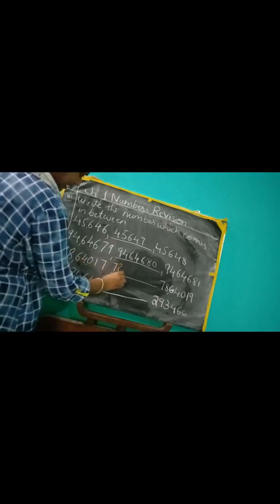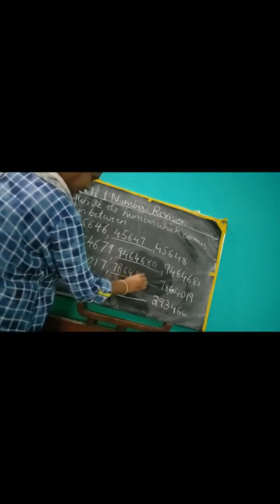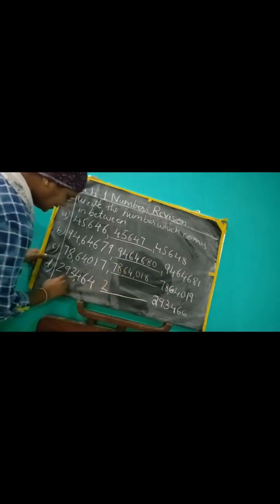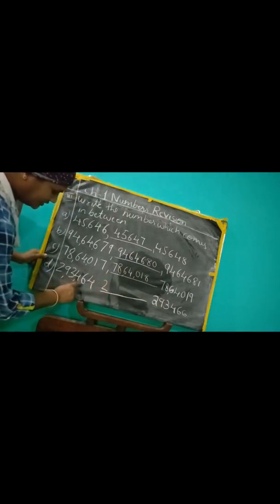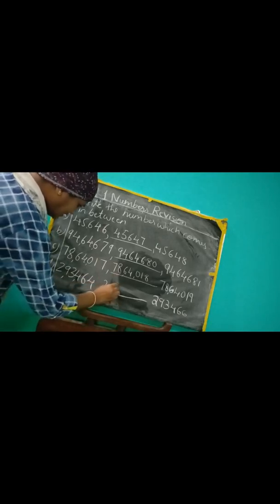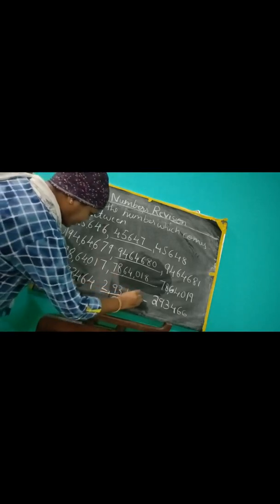Yes or no? Next, 78 lakhs 64,017, then 78 lakhs 64,018. Here, 2 lakhs 93,464, next number 2 lakhs 93,465.